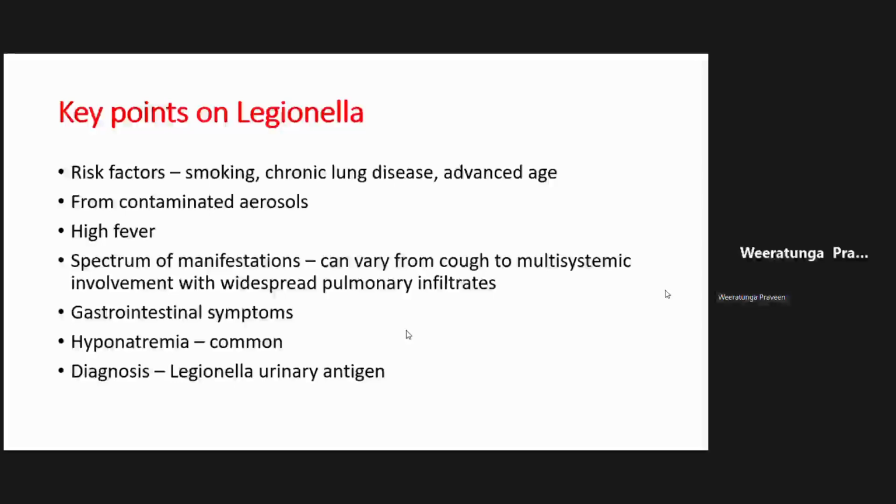Now, as I have told you before, to diagnose Legionella, you can't culture it and you can't stain it. You need to do a Legionella urinary antigen. That is how you diagnose. So remember that. You can't culture sputum or do any of that. You have to do a Legionella urinary antigen.